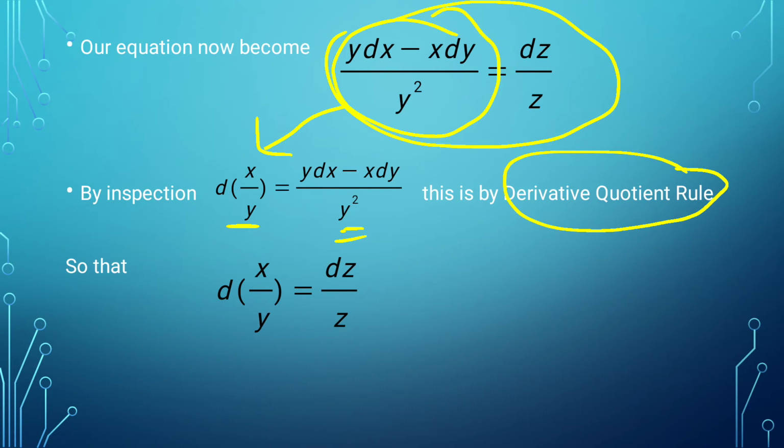That's the reason we have y dx minus x dy over y squared. So basically substituting this one with this one, we have this, and our equation has been reduced to that.